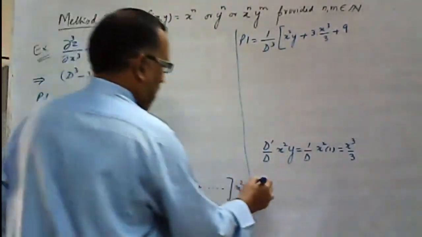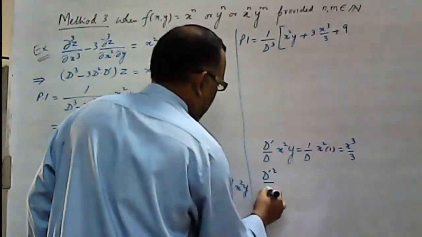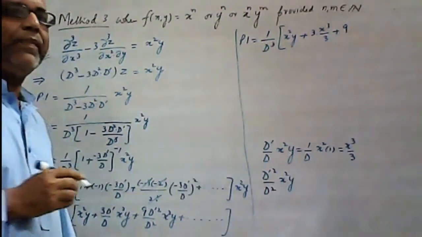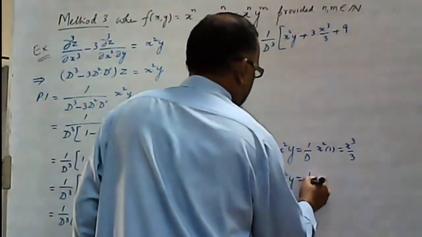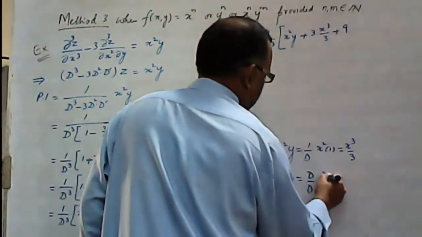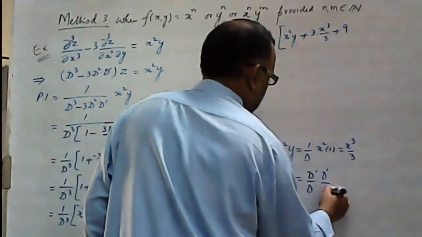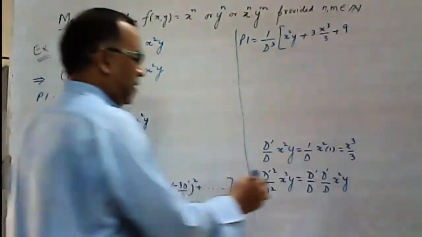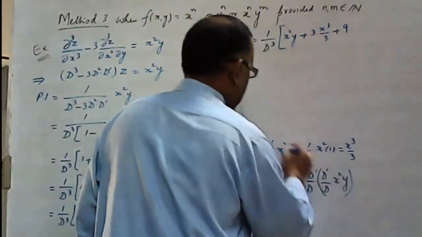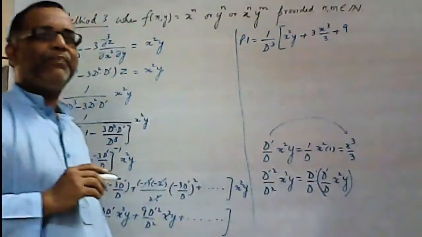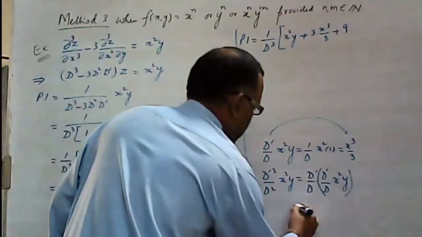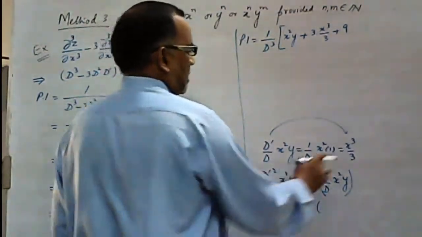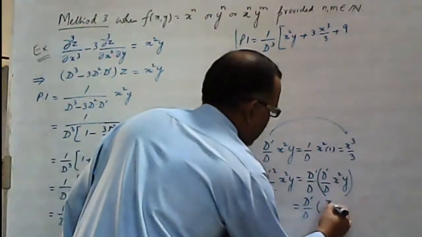Now D dash square upon D square applying on x square y. Again, like I did in the previous case, I break the square. So now I have the answer of this term, which is this. So using the answer in this place, D dash upon D, and the answer is x cube by 3.